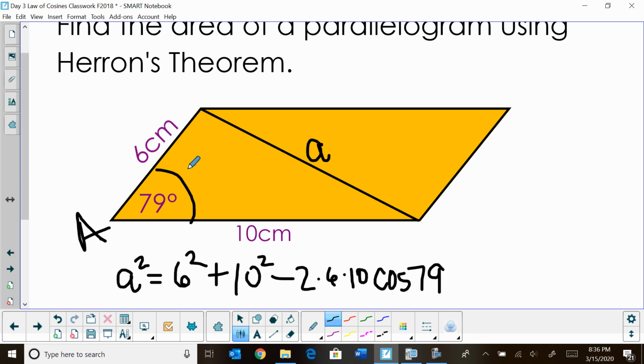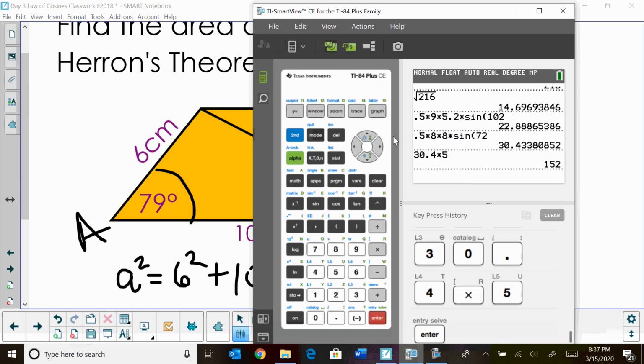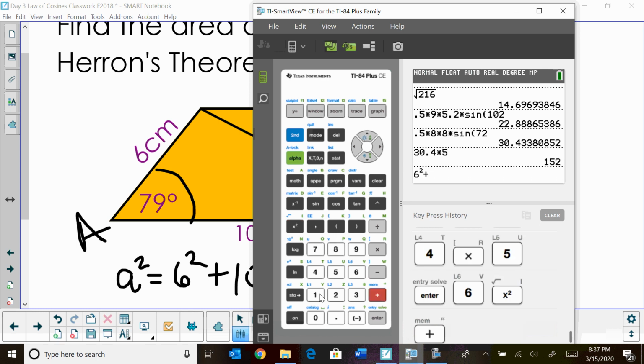So that will give me the length A. So let's go over here and find that. Okay, I'm going to take 6 squared plus 10 squared, subtract 2 times 6 times 10 cosine 79.